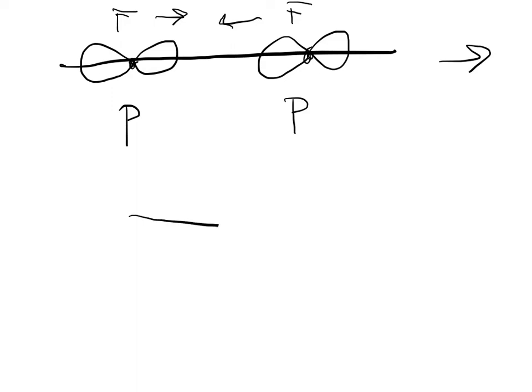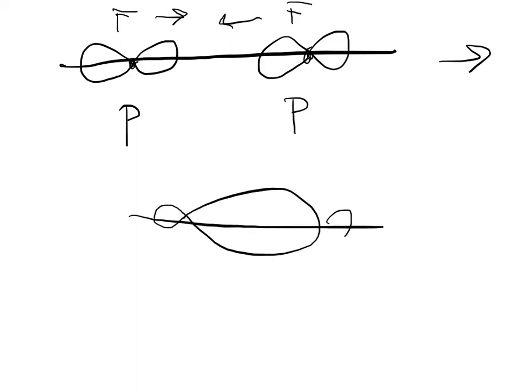That creates a new shape that looks like this, and it's got these 2 little blobs in the end. The 2 nuclei of your fluorine atoms are in here. If each of them brought an electron, now the electron can be found within this blob. Because this blob is symmetrical around the bonding axis, this is considered a sigma bond.